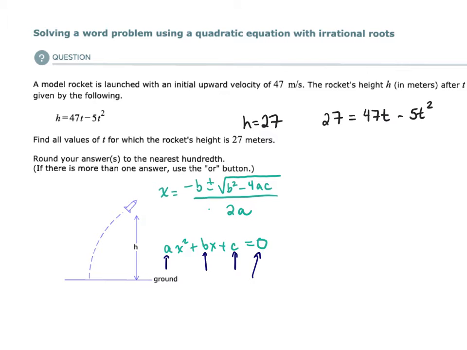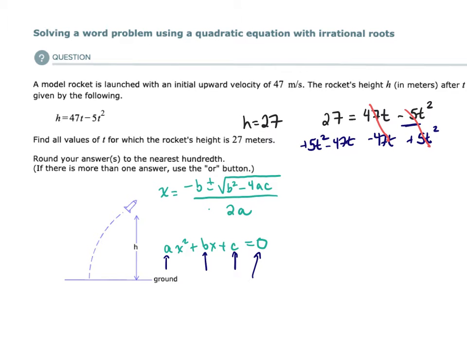So the first thing I would do is get everything on one side. Now, the quickest way to get everything on one side is to move the 27 over, but for simplicity's sake, it's usually better to have the t squared term be positive. It's not required, but I always like to make it positive, so I'm going to add 5t squared to the left side, and I'm going to subtract 47t. So I'm moving both of those at once, so this will go away, this will go away.